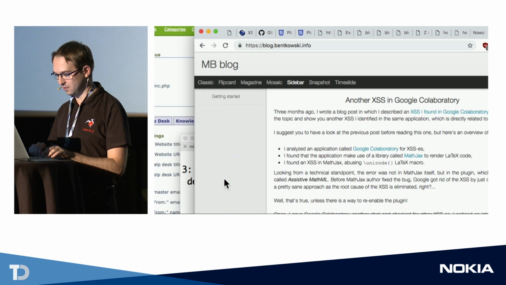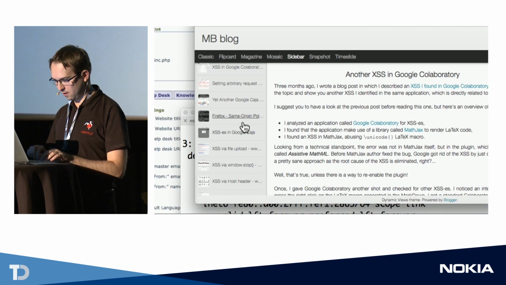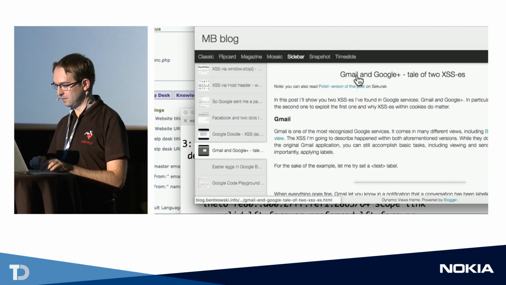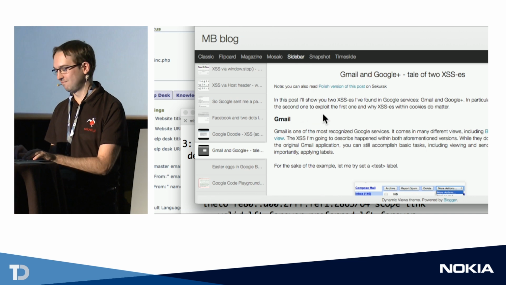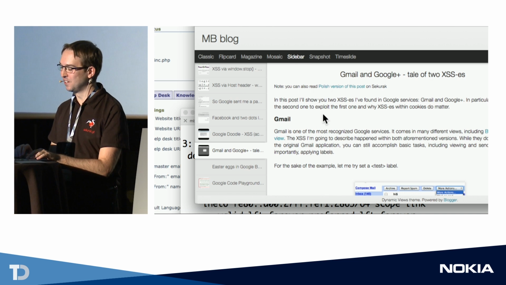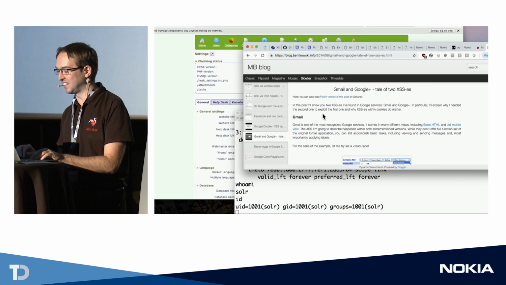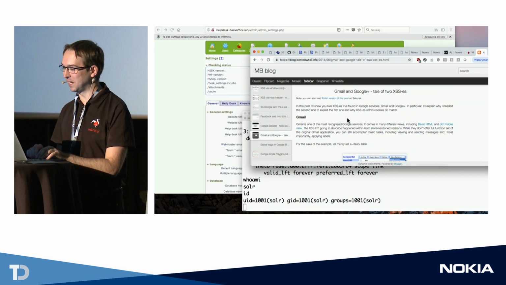For instance, in Gmail or in Google+. So there is a large amount of XSS in real-world applications. Google has a bug bounty program, and they pay for finding XSS. So if you like XSS, you can try your luck in bug bounty.